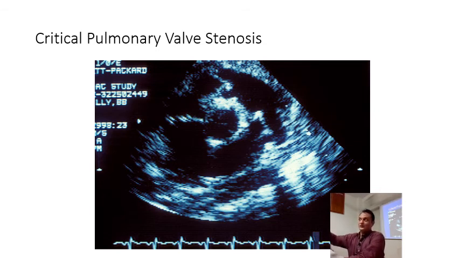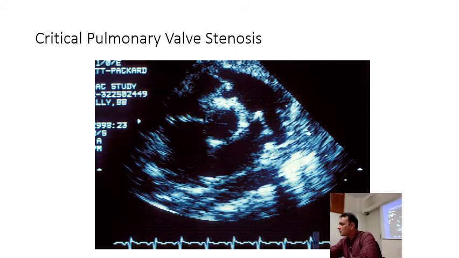They hang around saturation like 91. Okay? And then echo already showed there is a PS. Normally, with the passage of time, the saturation improves, and they don't need prostaglandin. But if they are misbehaving and they are hypoxic, saturation 70, 60, then you might have to start them on prostaglandin.